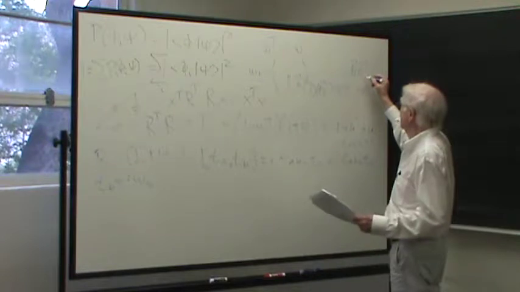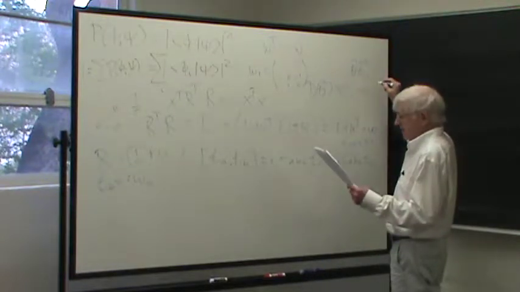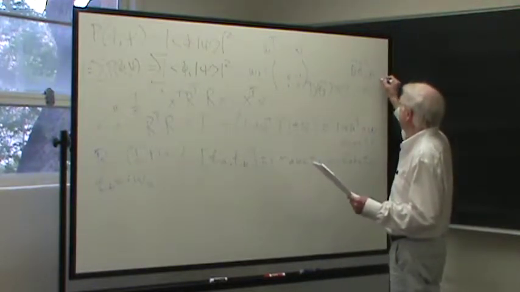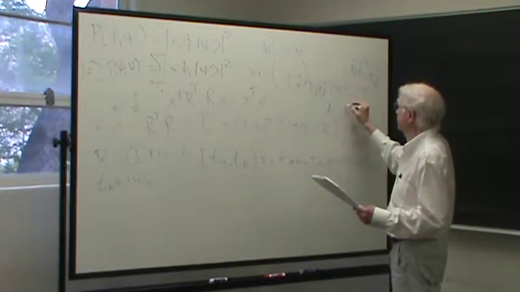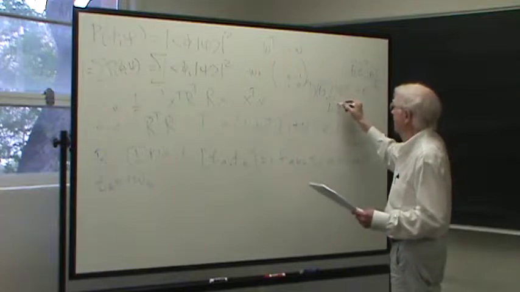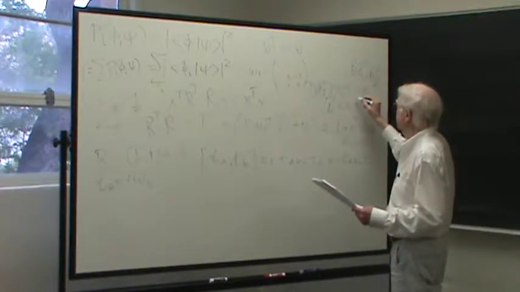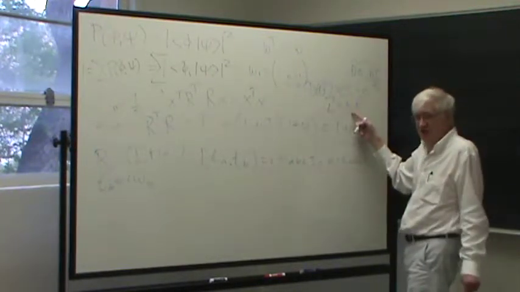Or if we just rewrite it as e to the i theta dot L over h bar, we're just setting L equal to h bar t. So this is h bar, not trace.